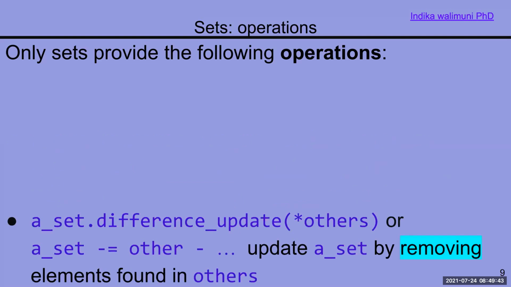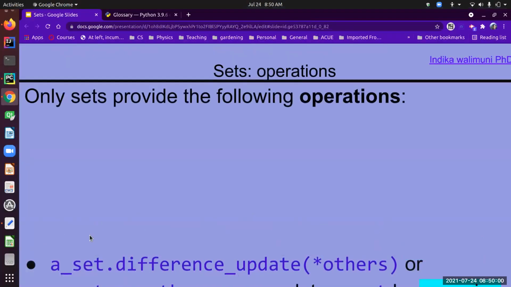And difference update: again we have any number of other sets, and the operator is -= now, and we are going to update the original set with the result. So let's check on that. Slide number 9.